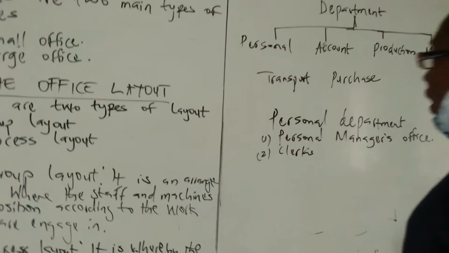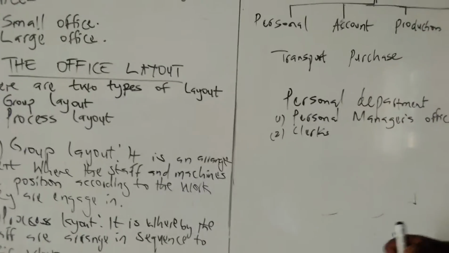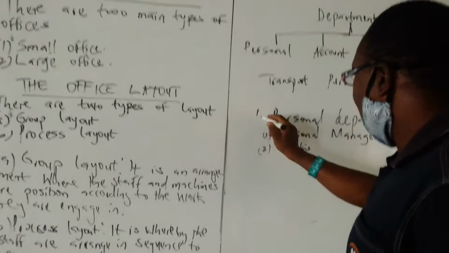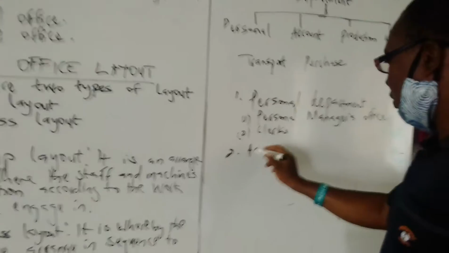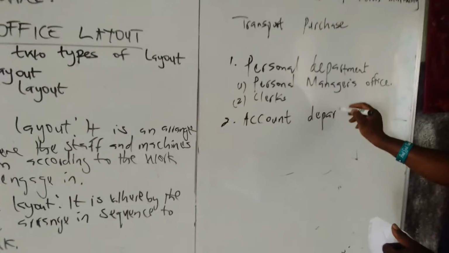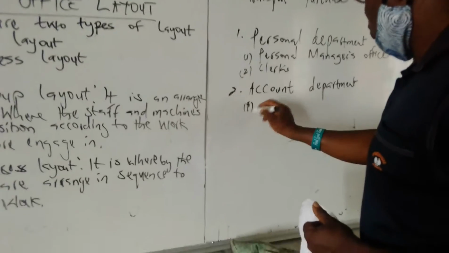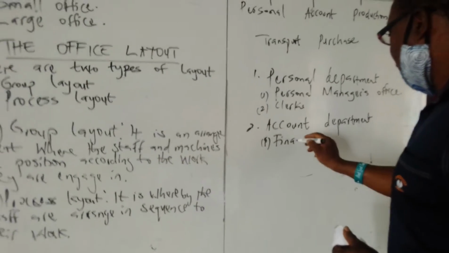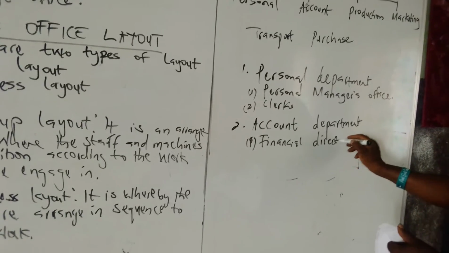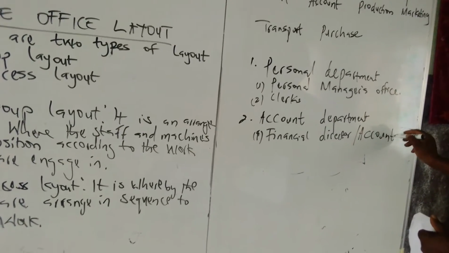Now, the accounts department also has the account manager, or the financial director. Is that clear? Let me put it down. Account department: you have the financial director or the accountant, depending on the organization.